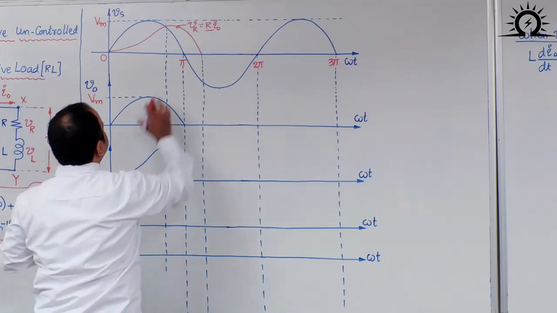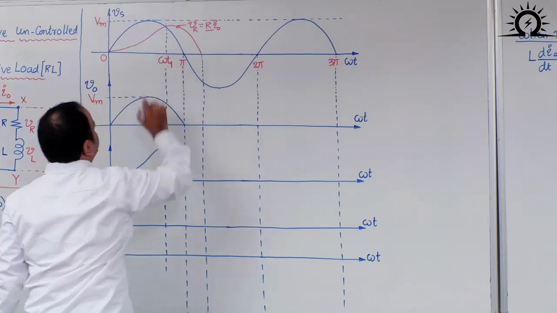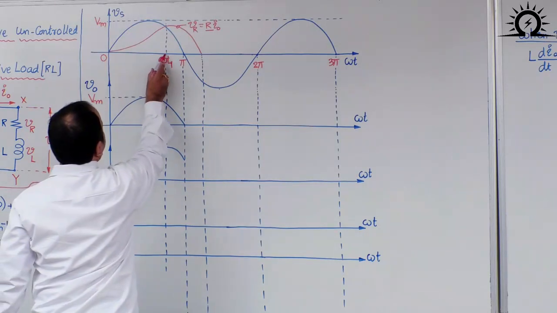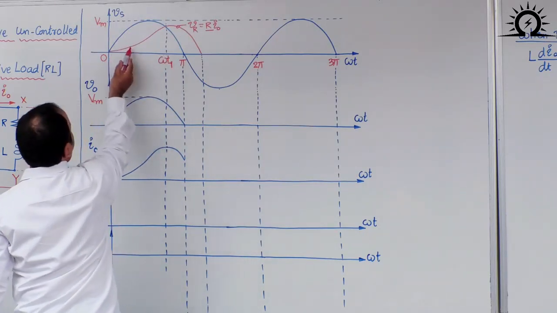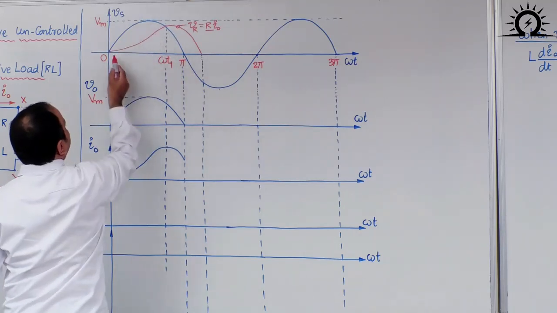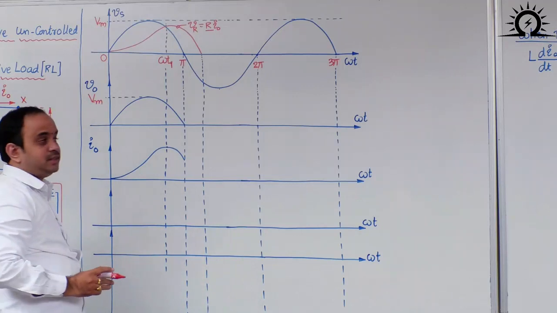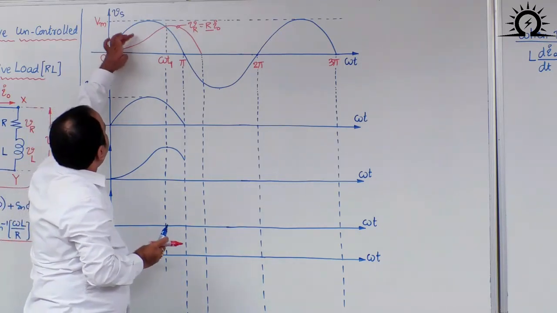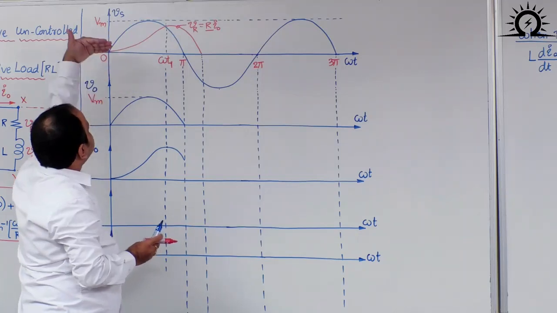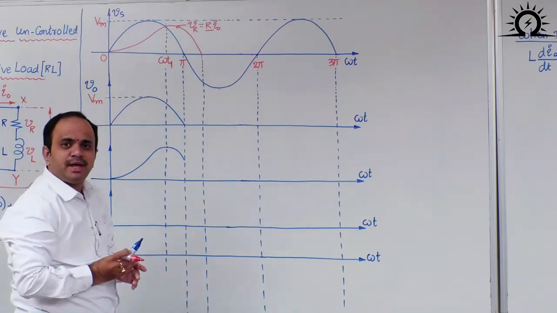Just for reference, I will give one name for that: omega t1. Up to this omega t1, observe very carefully here. Source voltage is the blue color sinusoidal, voltage across resistor is the red color waveform. If you compare these two, I can notice that the red color waveform magnitude is below the blue color sinusoidal waveform. What do you mean by that?